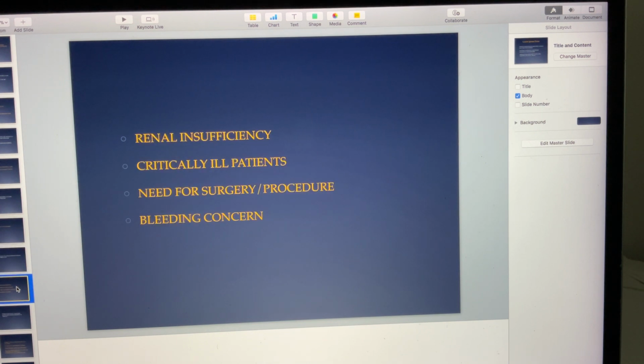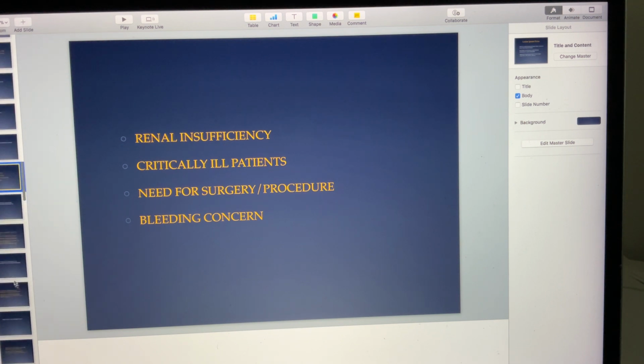So unfractionated heparin is good for patients who have kidney problems, or patients who are critically ill, or patients who need surgery, or whenever you're worried about bleeding concerns. So unfractionated heparin is a good choice.